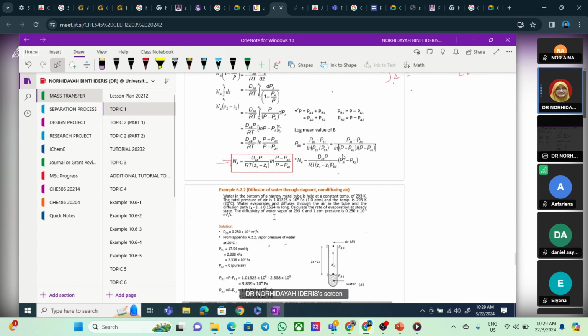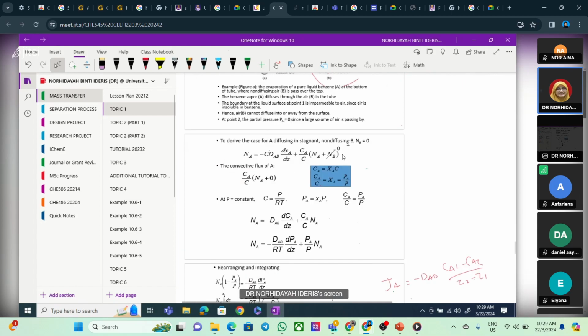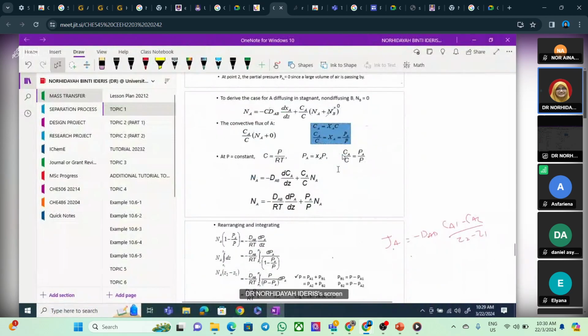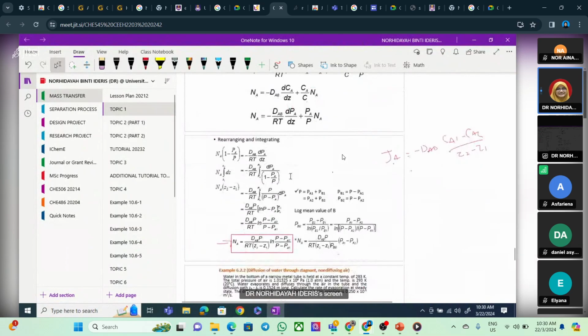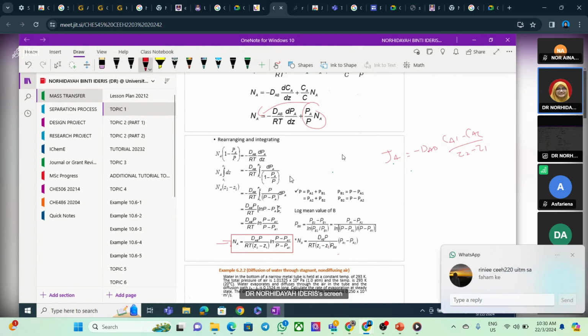Okay, so since the component B is non-diffusing or stagnant, then NB is equal to 0. So you make some kind of arrangement, and it becomes like this. You bring all the NA to the left hand side, and factorize the 1 minus P over P. And then what we're going to do, you bring this notation because we would like to integrate it towards dP.